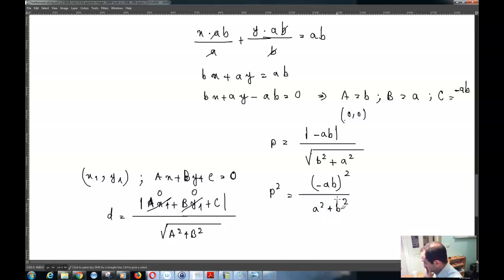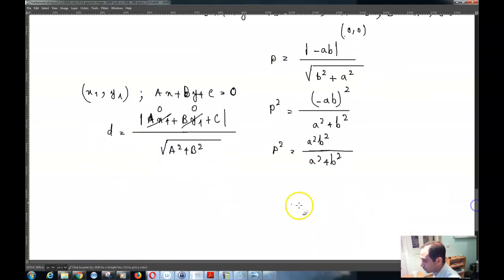Of course, you can write this as p squared is equal to a squared b squared over a squared plus b squared. And 1 over p squared is the reciprocal of this, which is a squared plus b squared over a squared b squared.